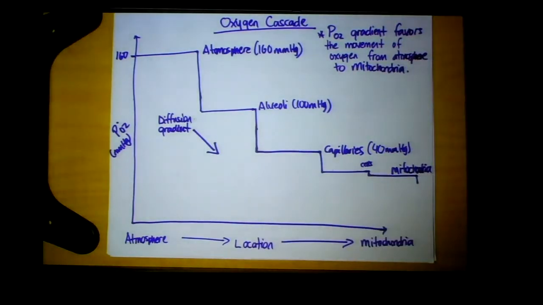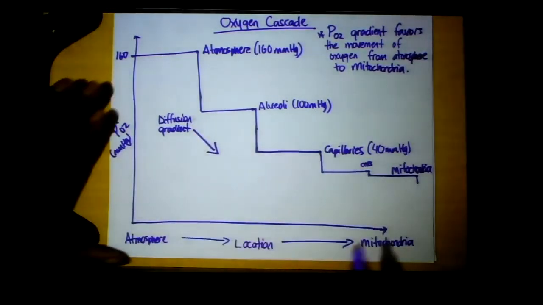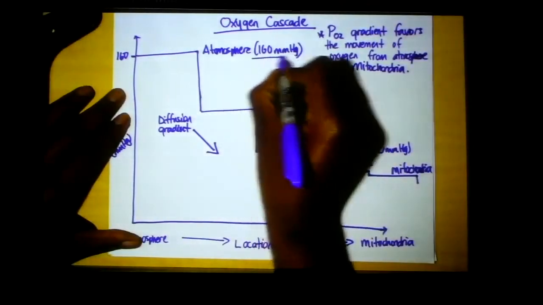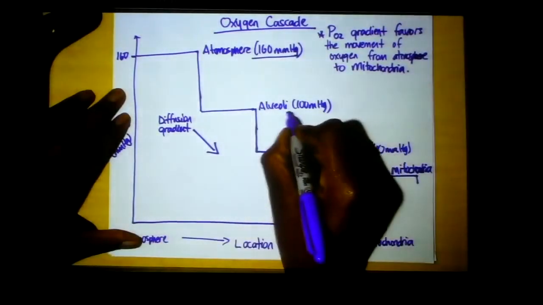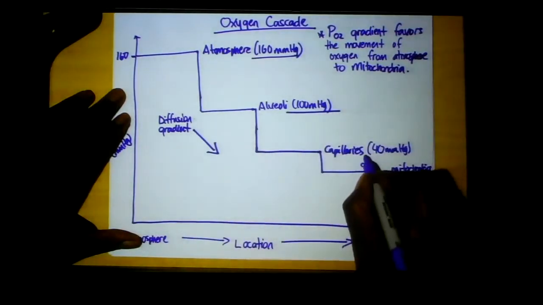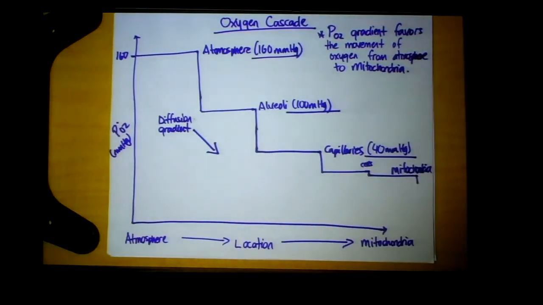Okay? All right, and I will expect you to know these, right? That the atmospheric pressure is 160, in the alveoli it's 100, and at the level of the capillaries it's 40. Ready? Okay. Any questions on this?